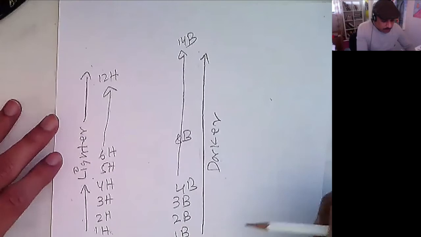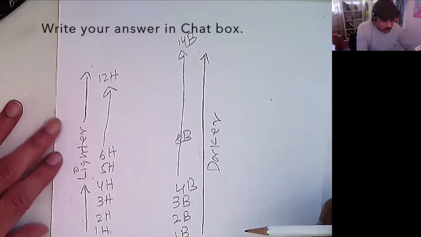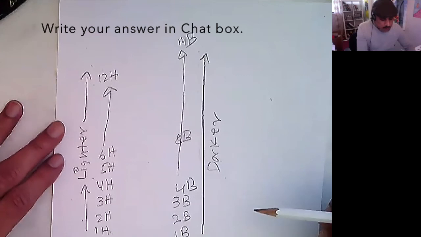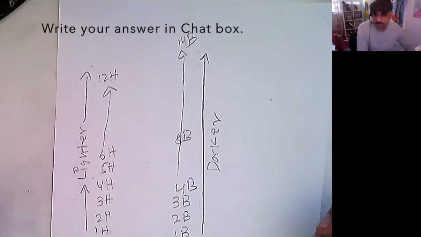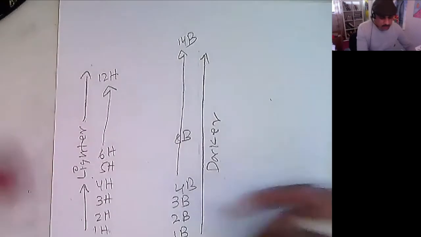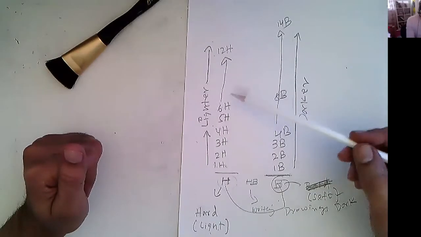Now you know that H are light pencils, B are dark pencils. Tell me and write down the answer in the chat box. Which one is lighter, 4B or 4H? Good. Everybody knows, right? Because whenever you see H, they are light pencils. Now another question.